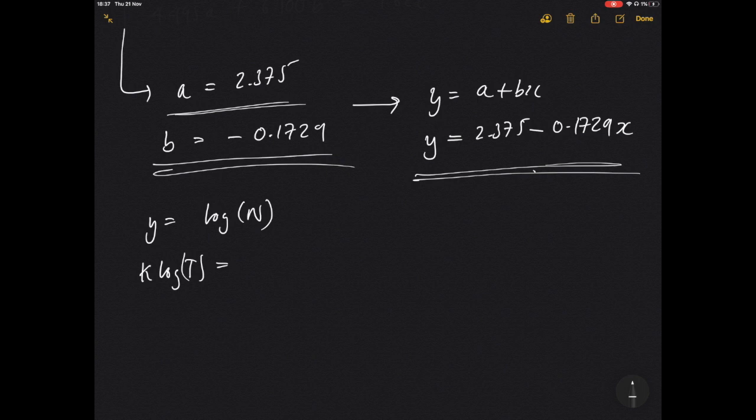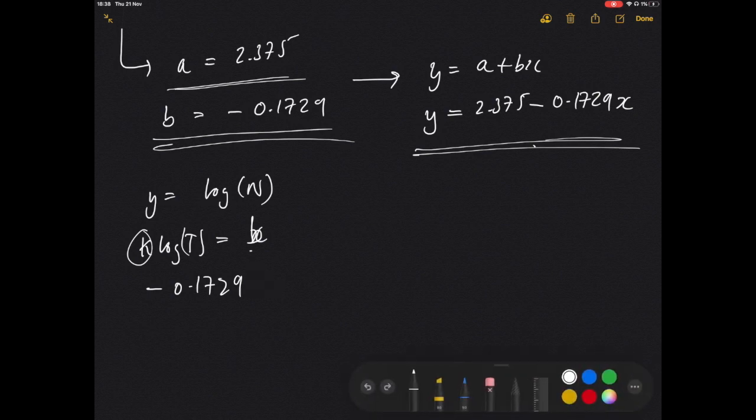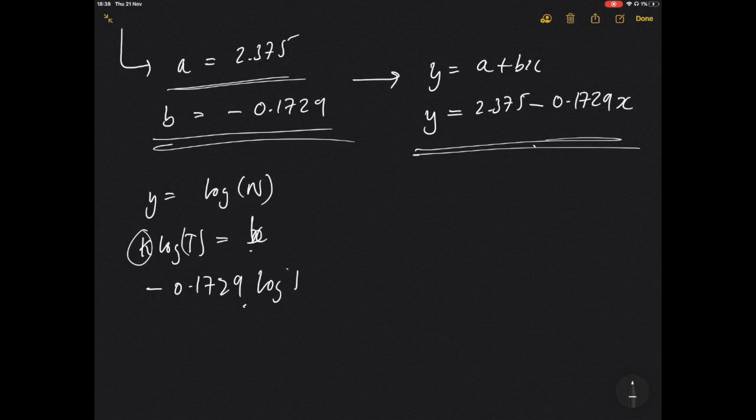So that means our k value is our b value. I've written that badly. So we could say that that would be minus 0.1729, which is our k, in k log t.